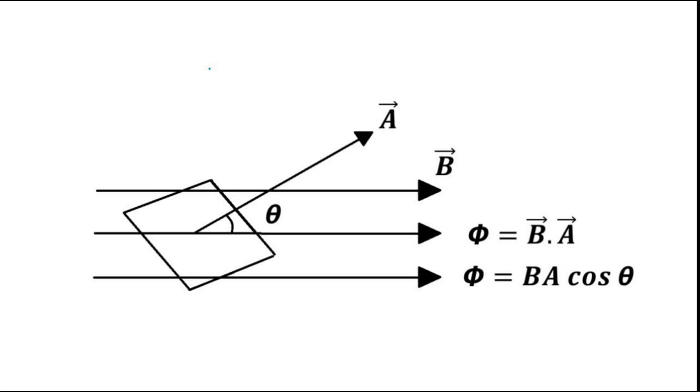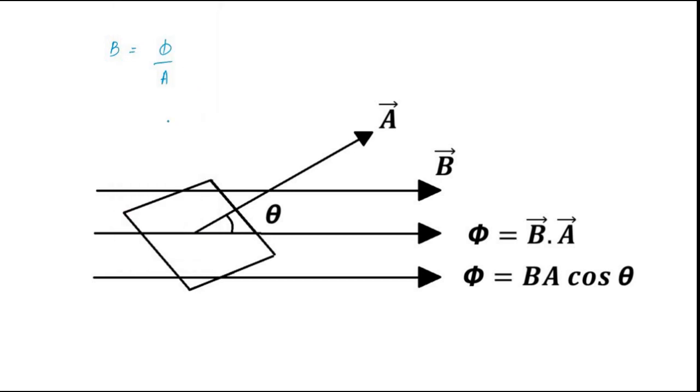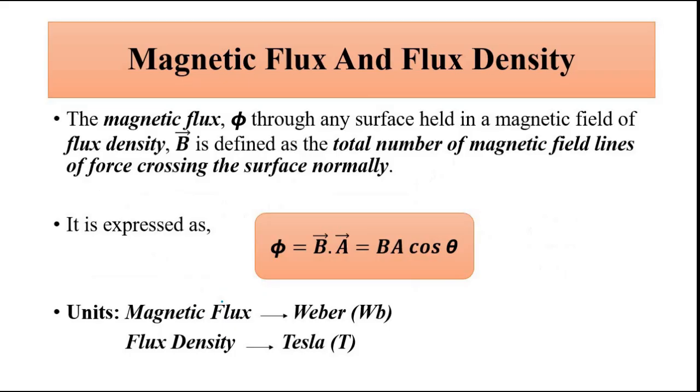And if we reverse this expression, the magnetic flux density is the magnetic flux per unit area, phi by A. So this is magnetic flux and flux density. Magnetic flux has a unit of Weber, flux density has a unit of Tesla.